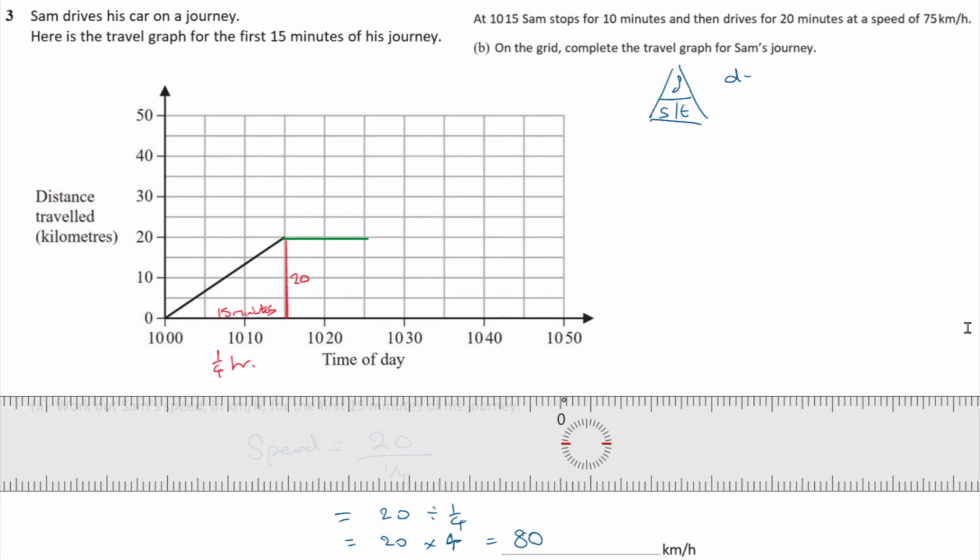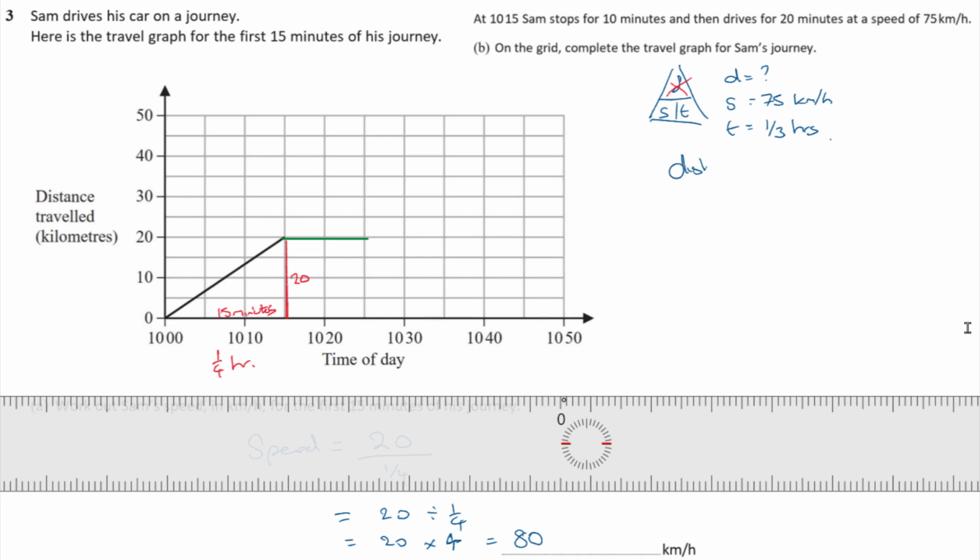Okay, so distance is what we're trying to find. Speed we know is 75 kilometers per hour, and time is 20 minutes, which is 1/3 of an hour, isn't it? Okay, so distance is what I'm trying to find, so cover up D, so that tells me what to do with the other two. It's speed times time.